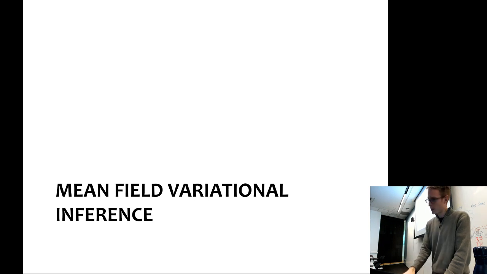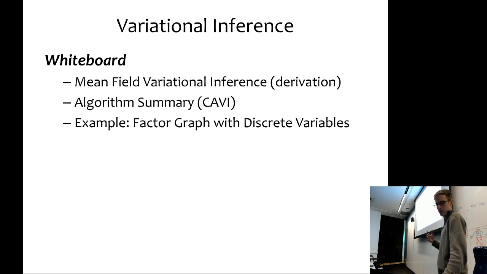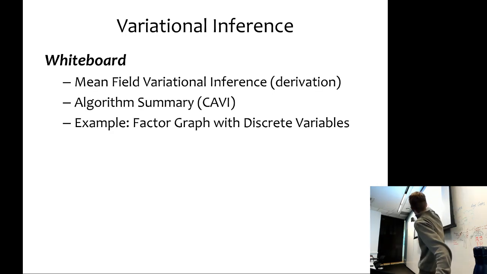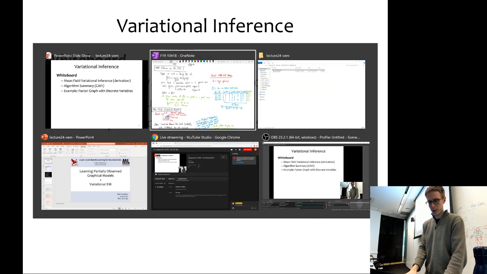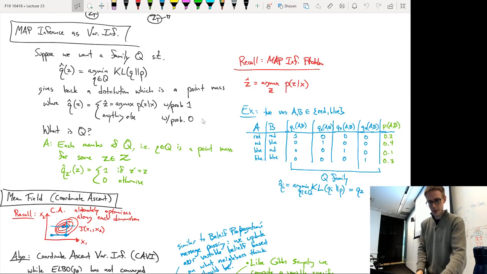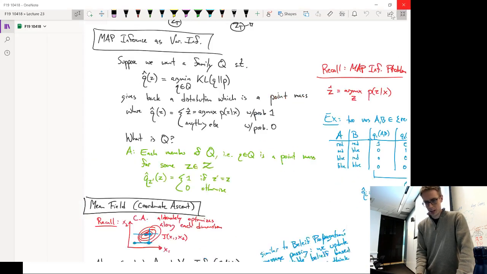Okay, so to wrap up mean field, we spent a lot of time talking about variational inference. What I want to wrap up with is, we actually already did this algorithm summary, but we skipped over this discussion of the actual derivation of the coordinate ascent variational inference algorithm. And so today I want to look at why it is that coordinate ascent variational inference works as it does.